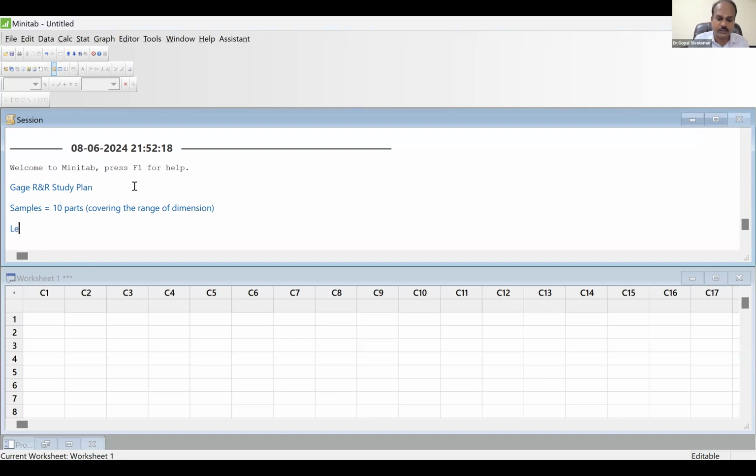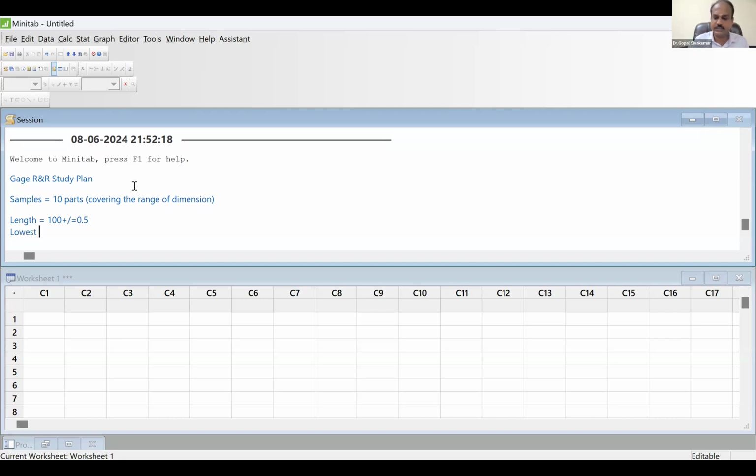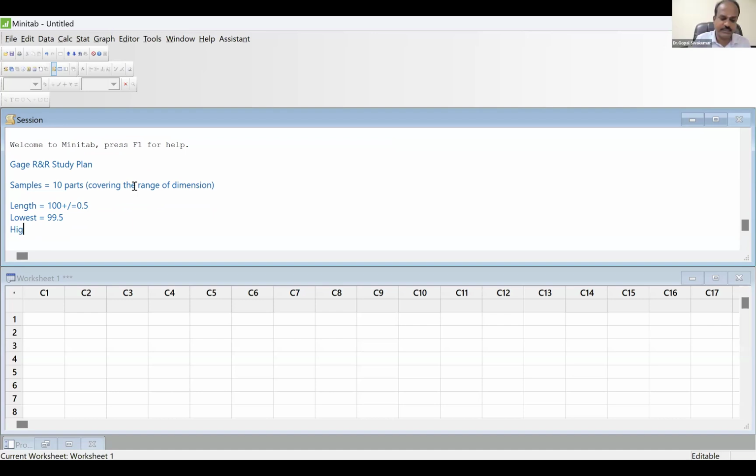Suppose you are dealing with the length of a product. The required length is 100 plus or minus 0.5. Now, what is the lowest length possible? 99.5. Yes. And the highest is 100.5.